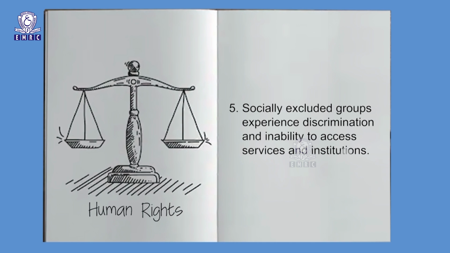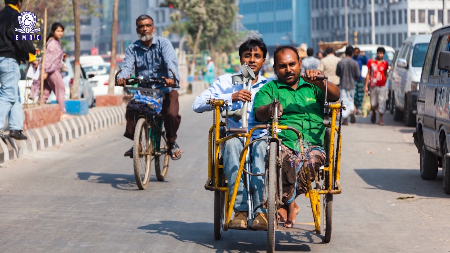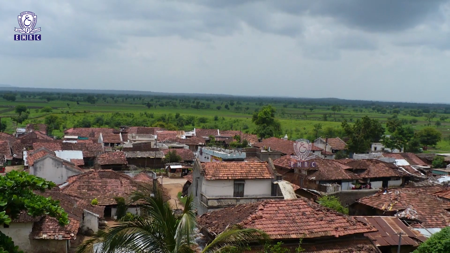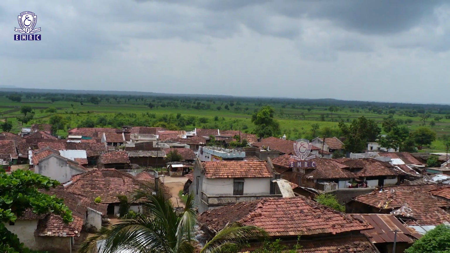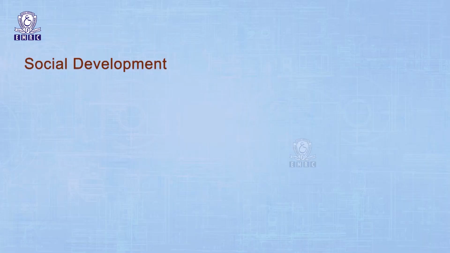The 5th one: socially excluded groups experience discrimination and inability to access services and institutions. Ethnic minorities, people living with disabilities and those in isolated rural locations experience individual and structural disadvantages, which restrict their ability to realize all their rights and human development.